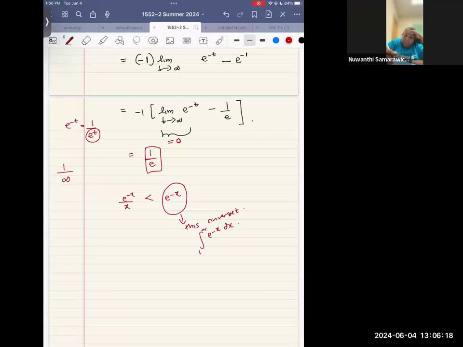So then by comparison test, we can say the improper integral of this from 1 to infinity is convergent.